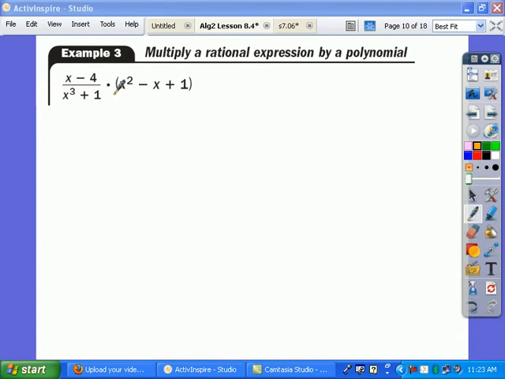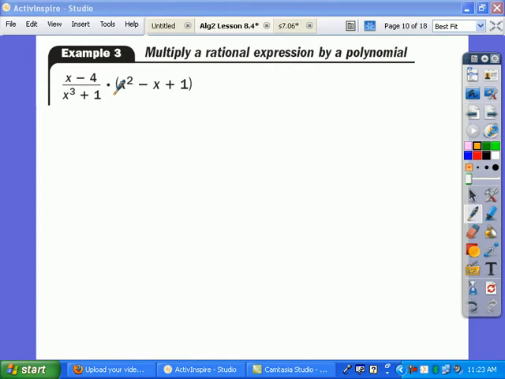To be able to get there, today we're looking at multiplying and dividing rational expressions. Section 8.5 deals with adding and subtracting rational expressions. Think about that. Why does multiplying come before adding? If I'm adding fractions, what do I need?